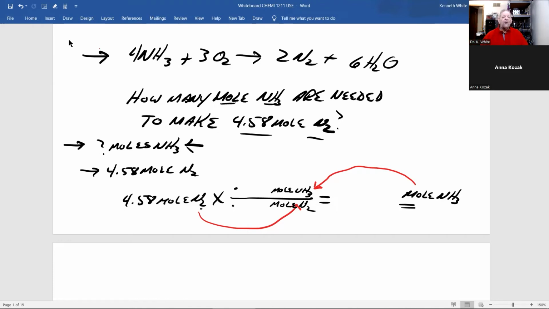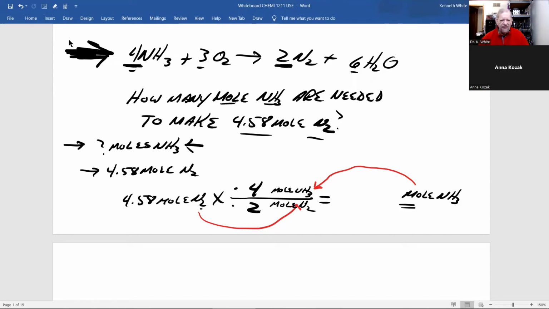All right. We find those numbers from the balanced chemical equation that you're given. And the coefficients, the number in front, give you molar relationships. So what it says here, for every 4 moles of ammonia, we make 2 moles of nitrogen.